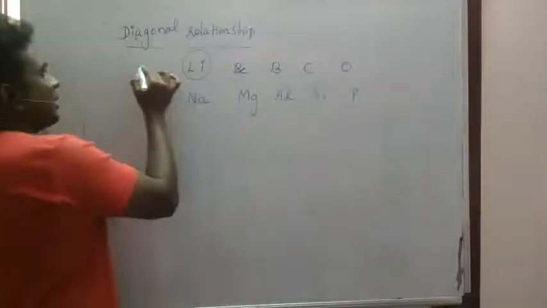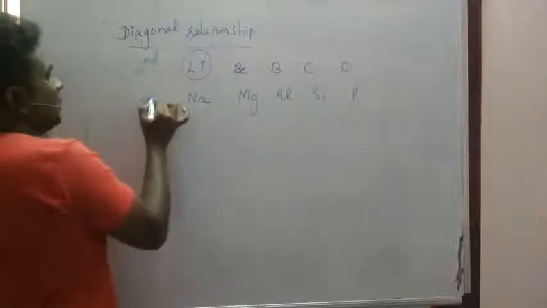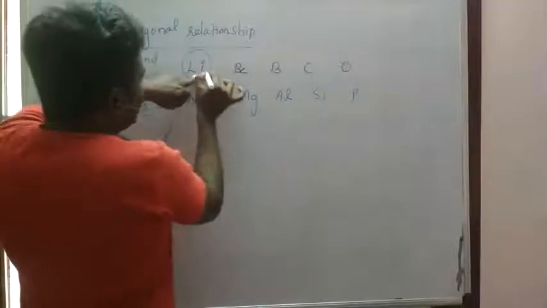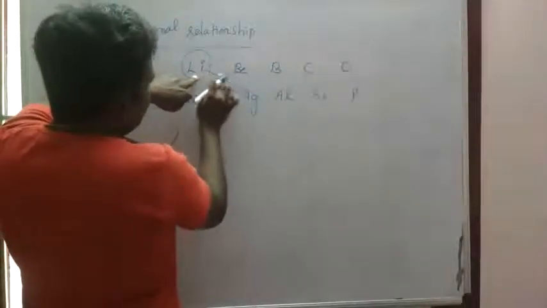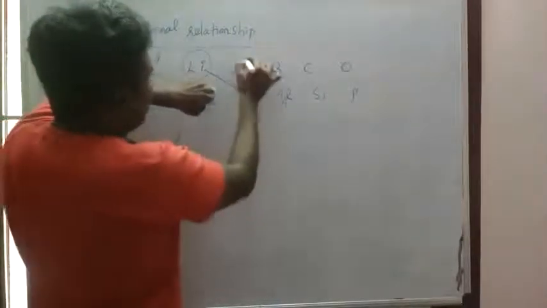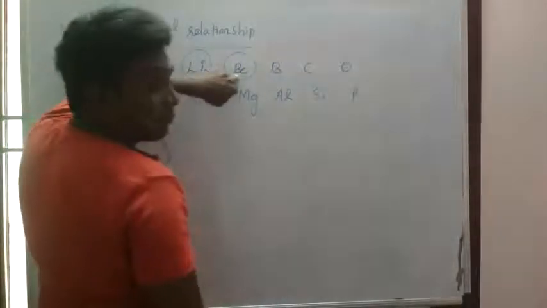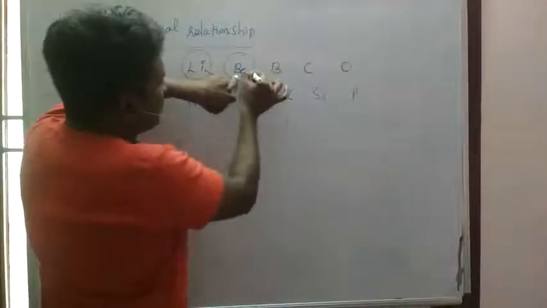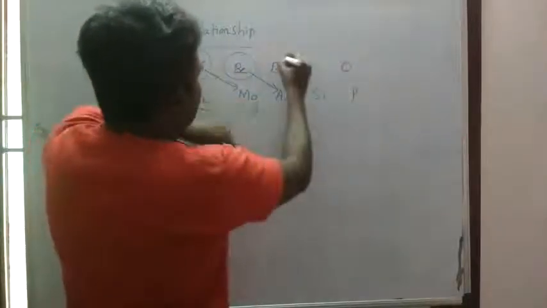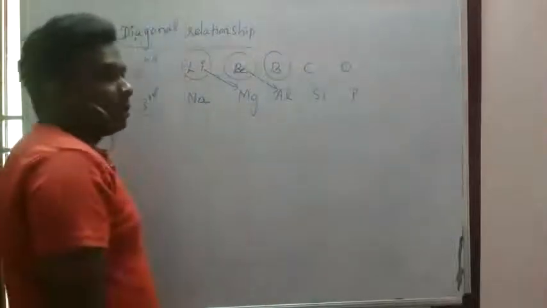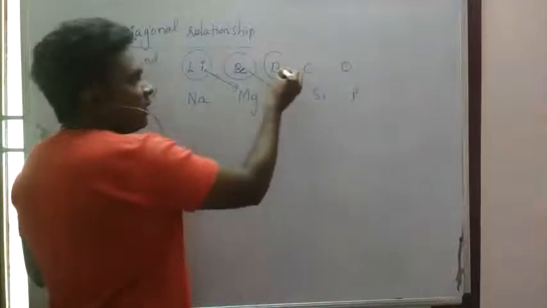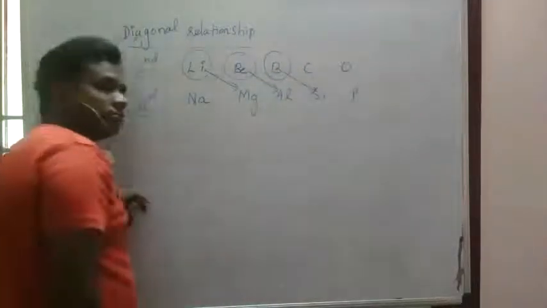The property of second period lithium is diagonally similar to magnesium. The property of beryllium is diagonally similar to aluminium. Boron's property is diagonally similar to silicon.